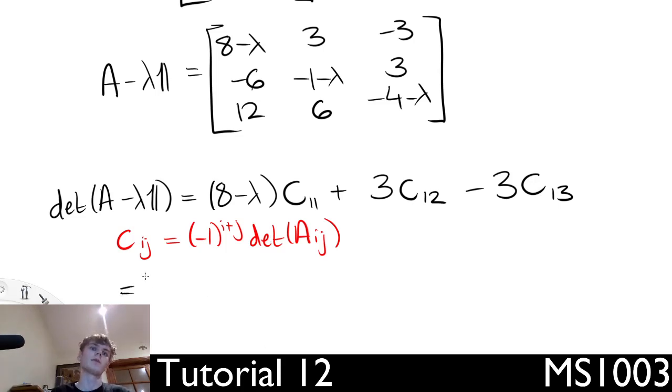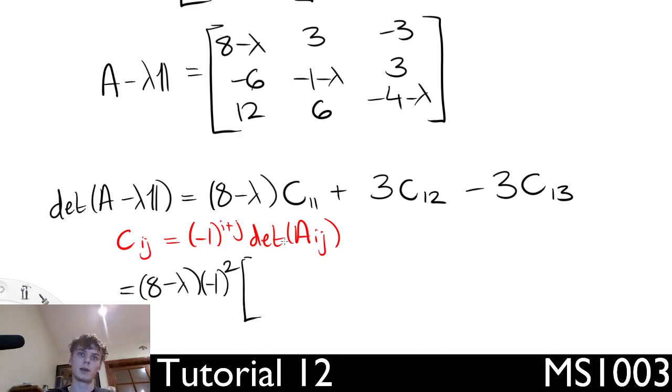But just writing out what happens here, I'm going to get 8 minus lambda times C11. The first part is minus 1 to the i plus j, so 1 plus 1 is 2. Square bracket, because I'm going to have some stuff inside.